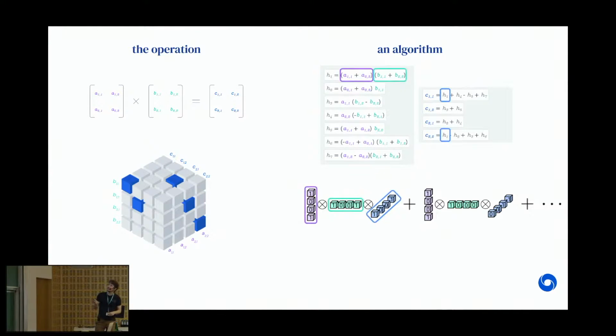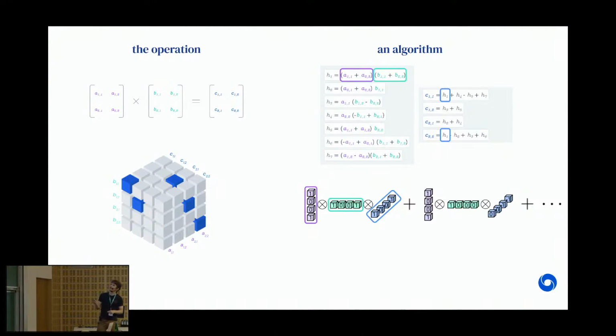More specifically, in this decomposition, there is one term for every multiplication in the algorithm. What the 3 vectors in the outer product represent is that the first vector encodes which elements from the first input matrix A to include in this product. The second vector indicates which elements of the second input matrix to include in this product.